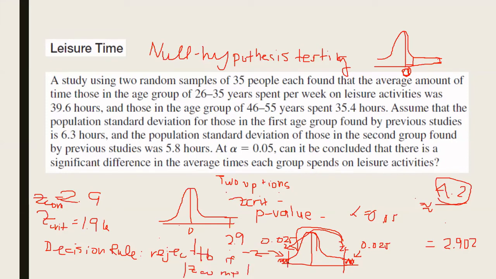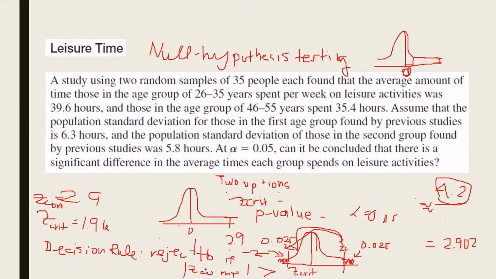Okay? Why? Because pwede kasi mabaliktad natin yung kanina, 39.6 minus 35.4, pwede maging 35.4 minus 39.6. It doesn't matter, kasi nga difference ang hinahanap. So we look for Z computed. Reject H0 if Z computed is greater than the Z critical.